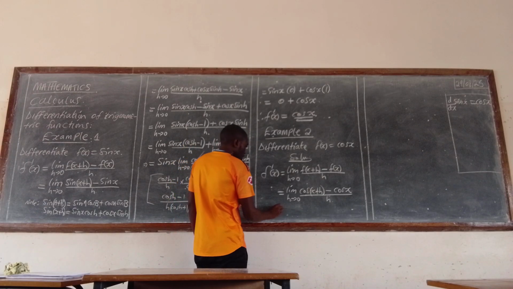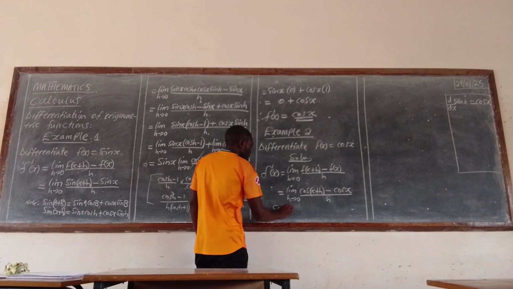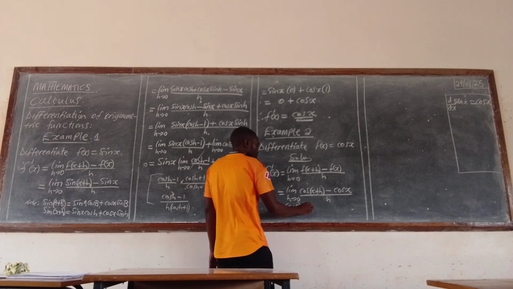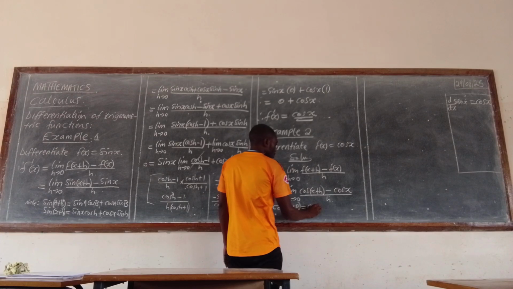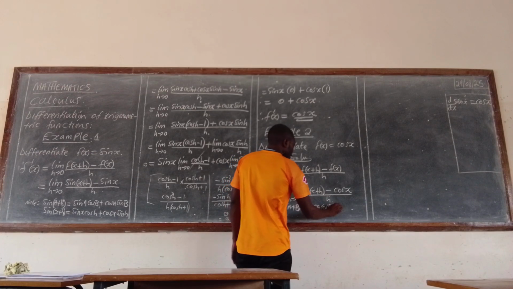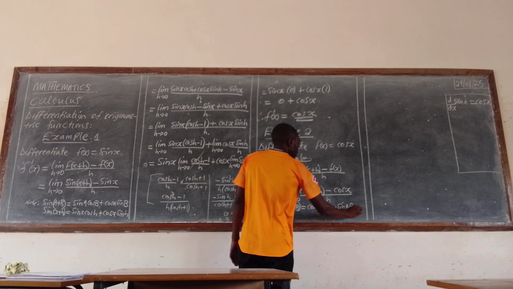In terms of a and b, cos of a plus b gives us cos a cos b minus sin a sin b.